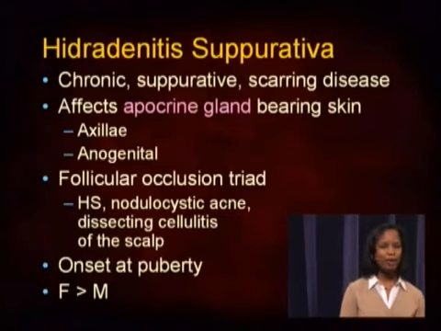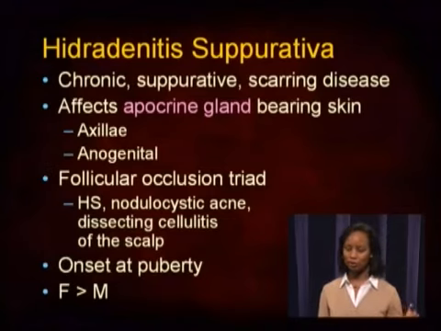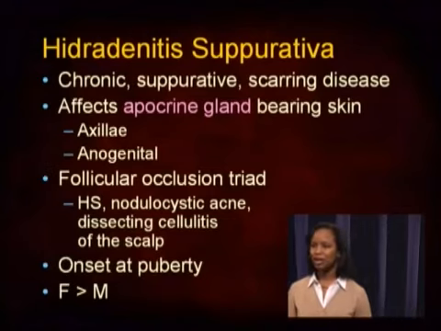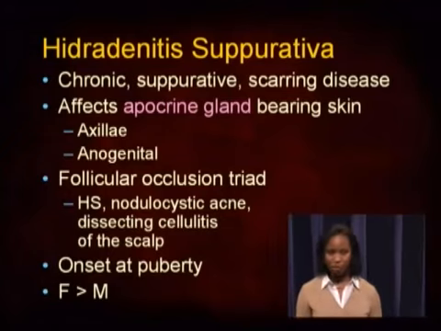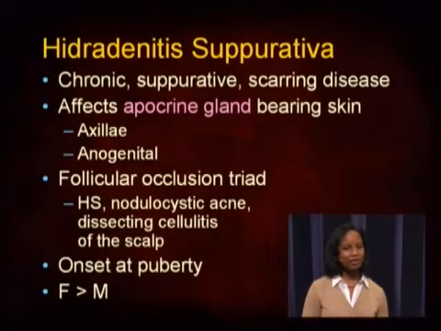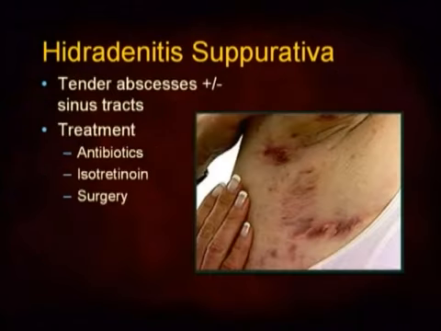And sometimes people throw pilonidal cysts in there and call it the follicular occlusion tetrad with those 4 things associated with it. Onset usually at puberty, and again, patients initially develop cysts and nodules and sinus tracts in the axilla and groin in particular. For reasons that aren't entirely clear, women tend to be affected more so than men.